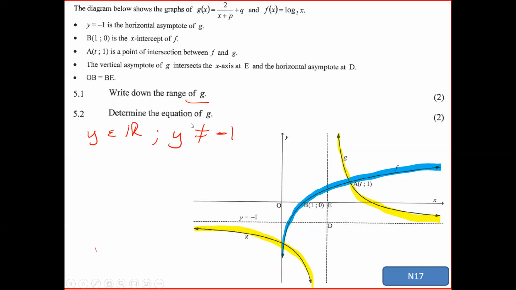The next question is to determine the equation of G. So to determine the equation of G, we need to find P and Q. So I want you to quickly put it on the chat for me. What is the value of P and Q?